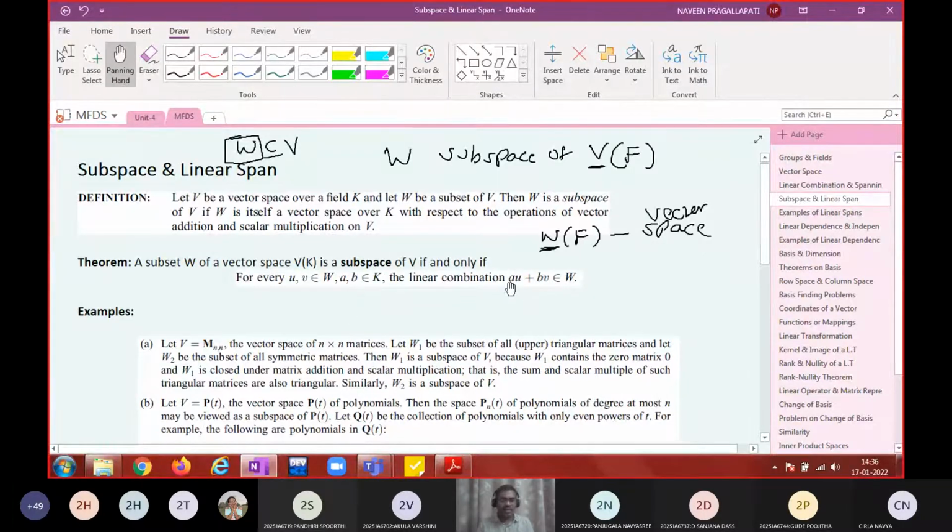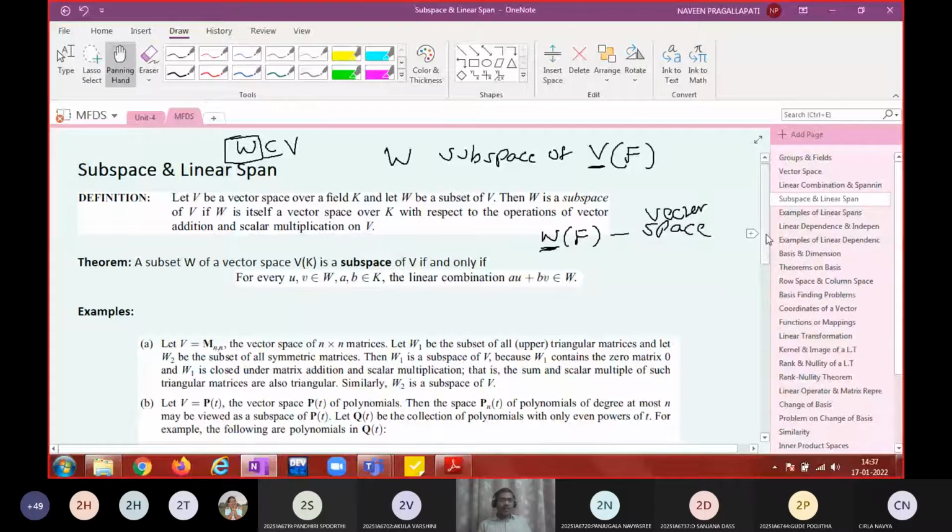So this condition alone is sufficient to check whether a subset is a subspace of a given vector space or not. So what it says is, you take any two elements, if the linear combination is also an element of W, then that is said to be a subspace.